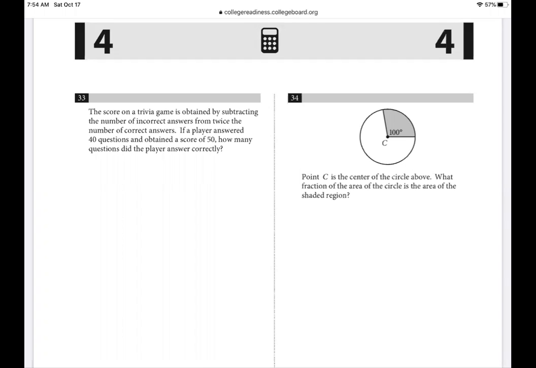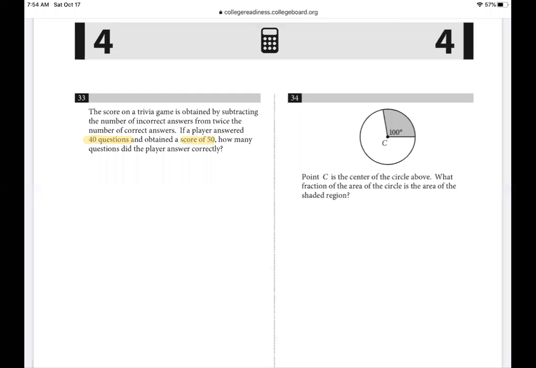So for 33, the hint for this is to write a system of equations. You have two totals represented in this initial information. You have the total of 40 questions, and you have the total score of 50. So you can write an equation for each of those totals.